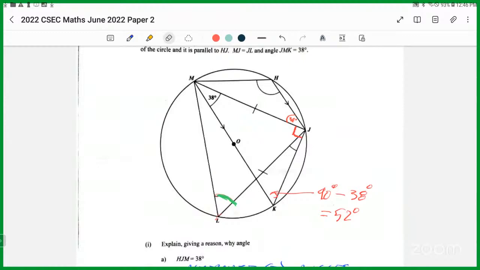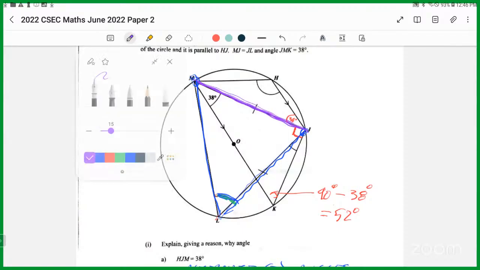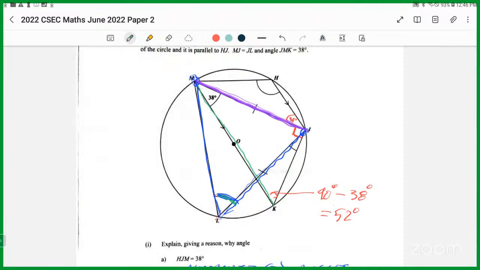So you see what I did in that question, guys? Let me show you. We wanted this angle here. What you do is go back until you reach the circumference, which is here on one side and here on the other side. Find what is subtending the angle, which is this chord. Look what else the chord is doing. The same chord is subtending this angle here up at the circumference.